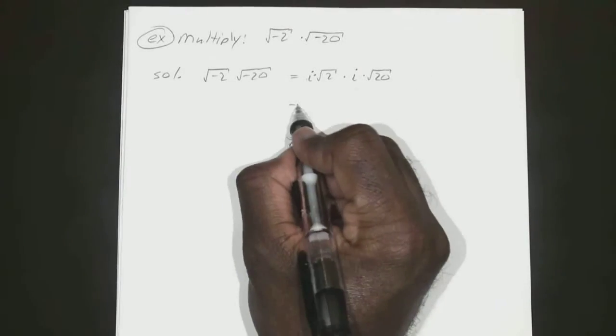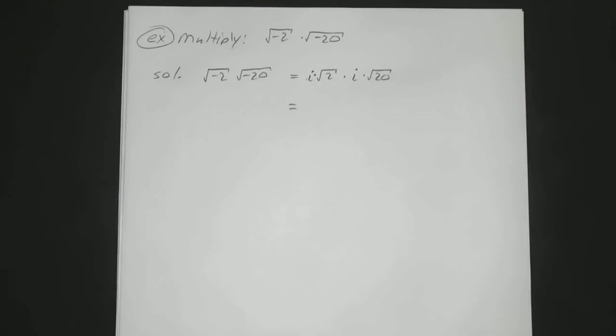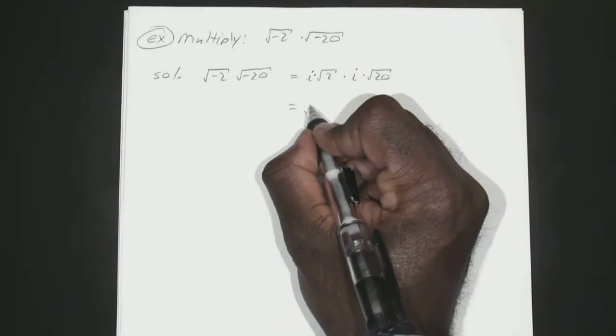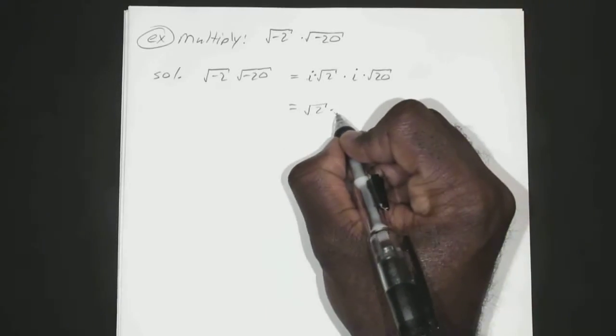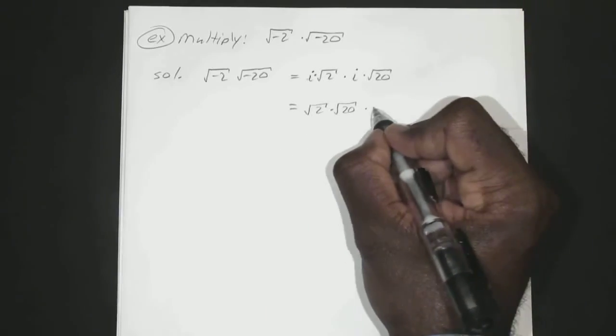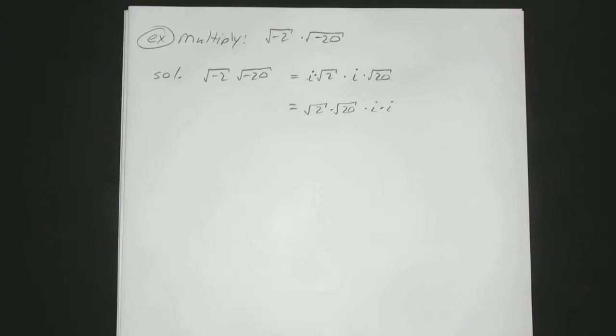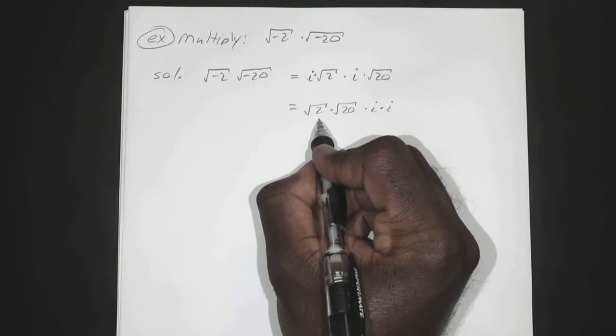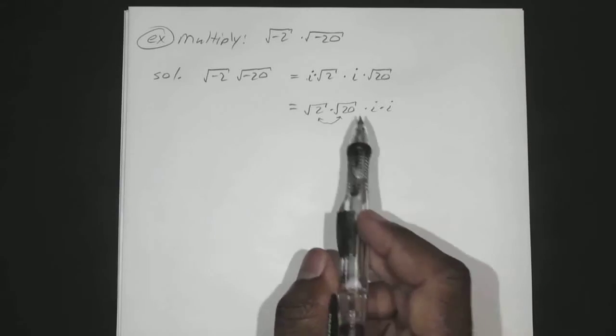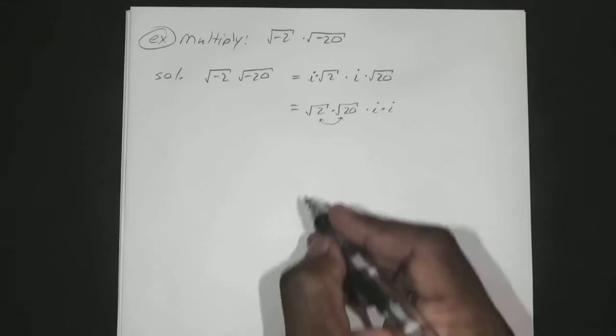Okay, so we kind of move things around. You don't have to do that part if you want to, but you can have square root of 2 times square root of 20 times I, where these two, remember, you can just put those right under 1, or you can simplify the 20 first.